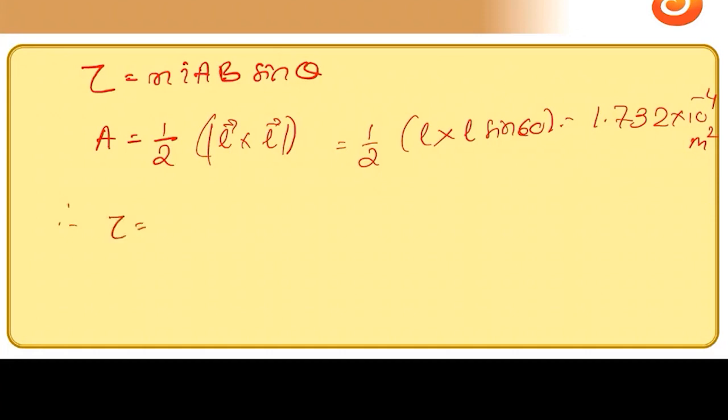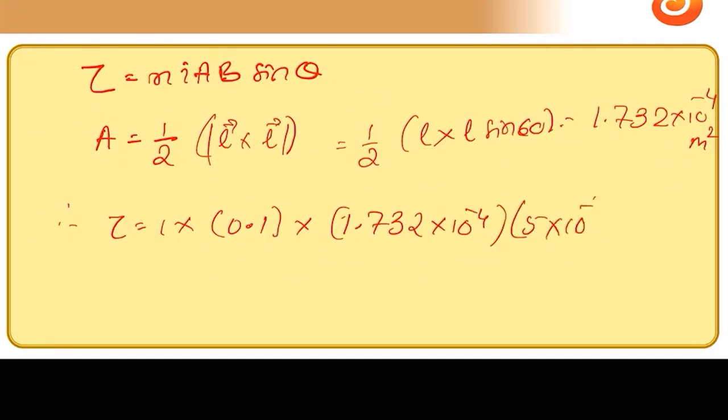So torque turns out to be N, how many turns of the coil? He says a coil. That means there is only one turn. So this is 1 into I 0.1 ampere into area 1.732 into 10 to the power of minus 4 into magnetic field is 5 into 10 to the power of minus 2 into sine 90.